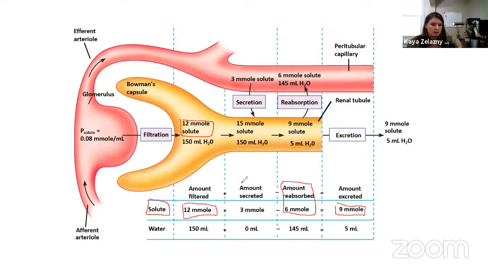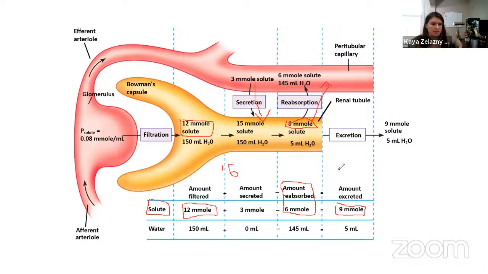So we do compare the amount secreted and the amount reabsorbed. This is why we only have a difference of 3 rather than a difference of 6, because we basically took that 12 and added through secretion 3 millimoles. This brings us up to 15. And then we reabsorbed, so moved back into the blood, 9 millimoles.